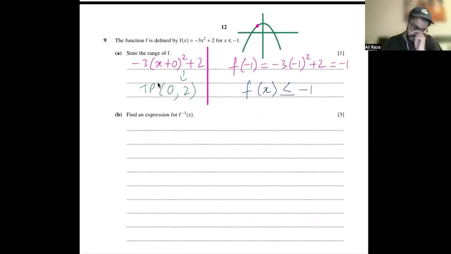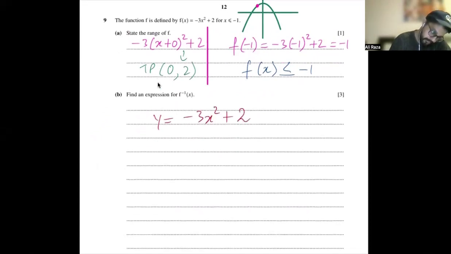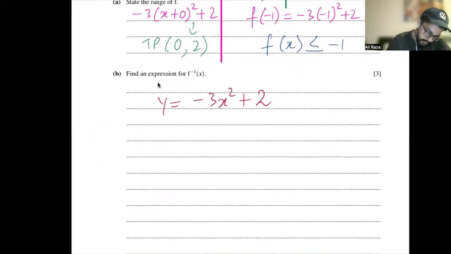Now we need to find the expression for the f inverse in this case. So y is equal to minus 3x squared plus 2. We need to make x the subject over here. This comes out to be 2 minus y.